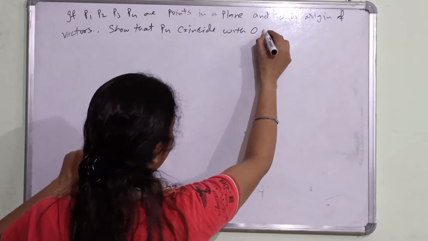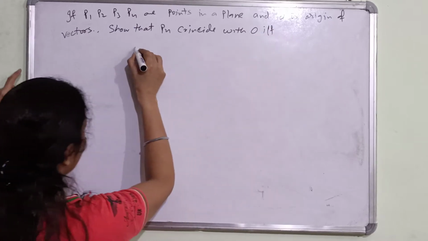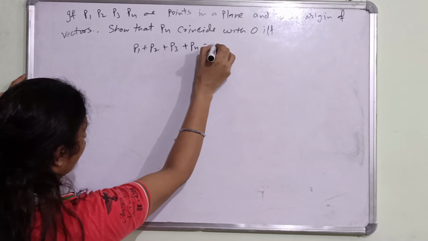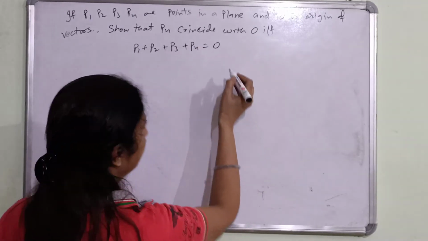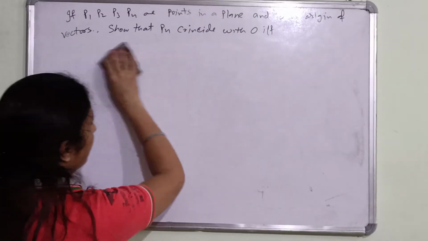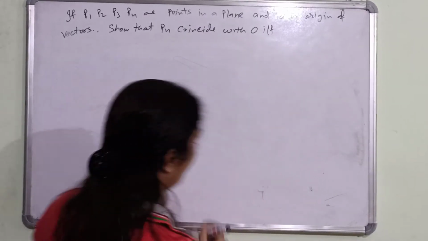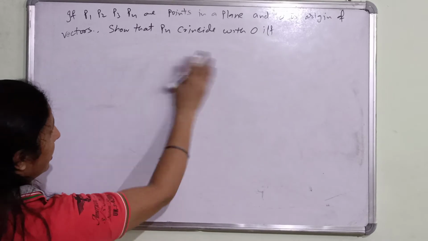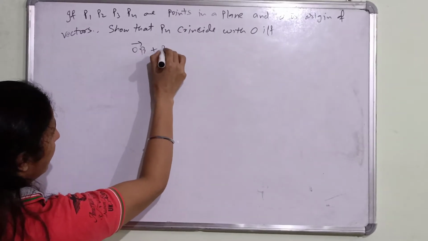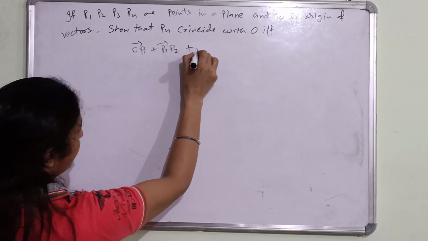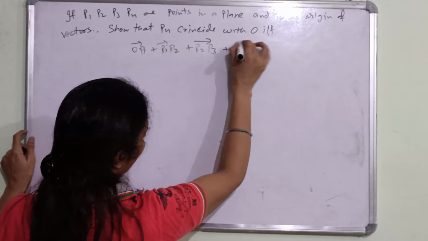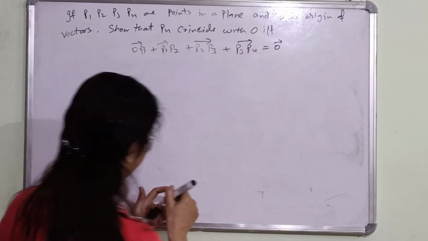If and only if P1 plus P2 plus P3 plus P4 is equal to 0 vector, right? Sorry, that is, OP1 vector plus P1P2 vector plus P2P3 plus P3P4 is equal to 0 vector.